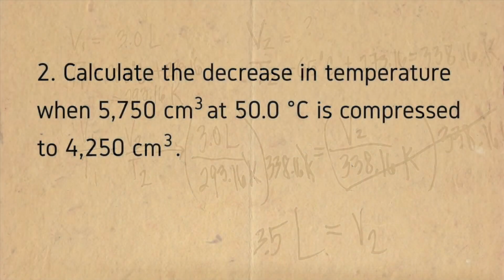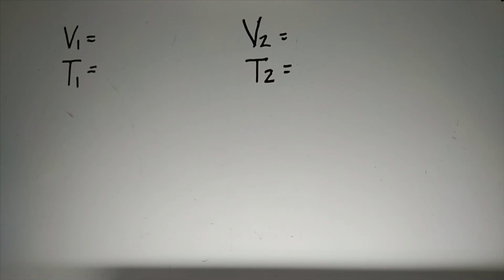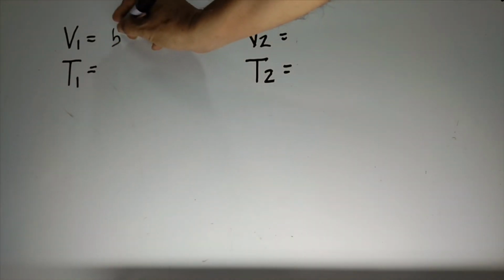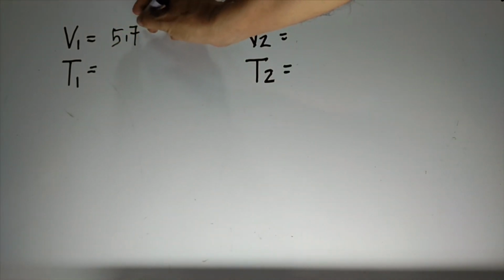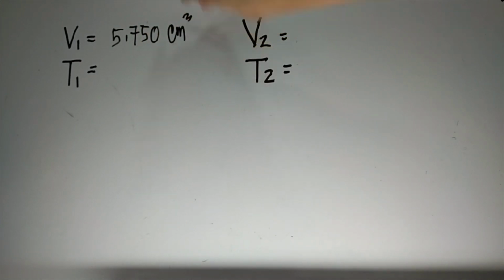liters. Let us try problem number 2. Calculate the decrease in temperature when 5,750 cubic centimeter at 50.0 degrees Celsius is compressed to 4,250 cubic centimeter. So we will now write all the given information. V1 is 5,750 cubic centimeter.